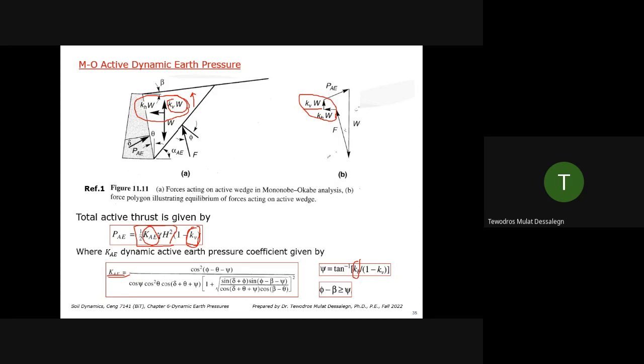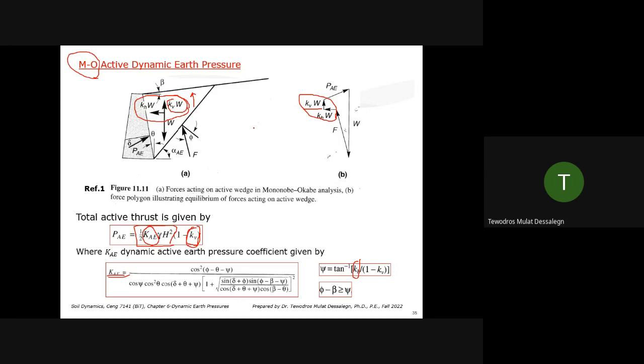So the beauty of this equation is that it's simpler for a hand calculation. The way you do the calculation by hand, in Excel or MathCAD, you can implement the same equations for the pseudostatic approach using the Mononobe-Okabe method.